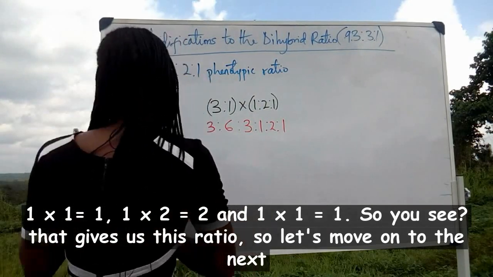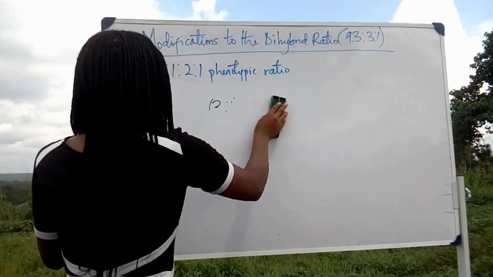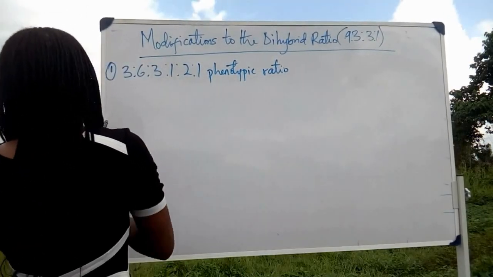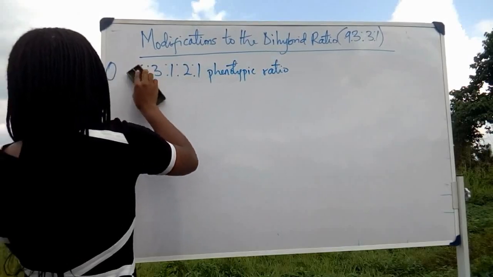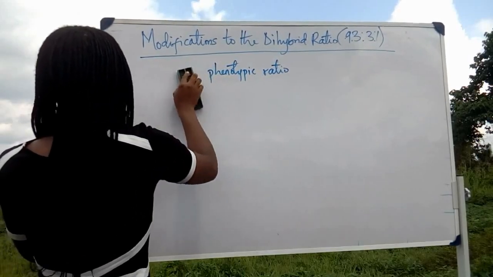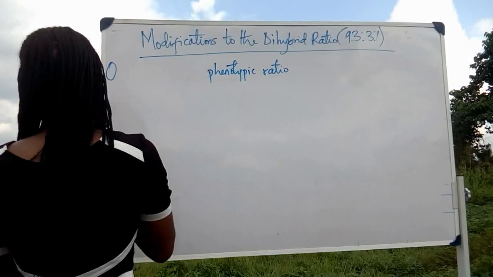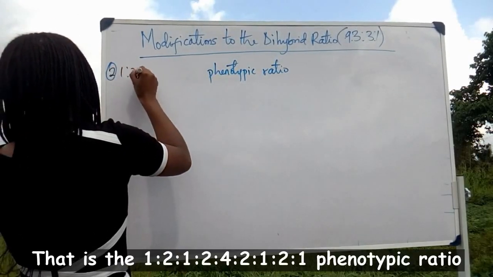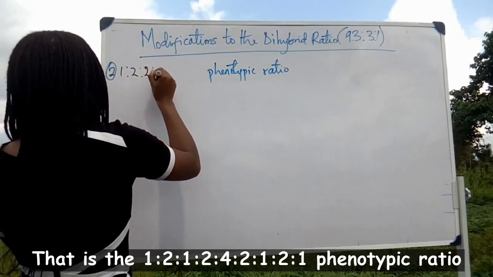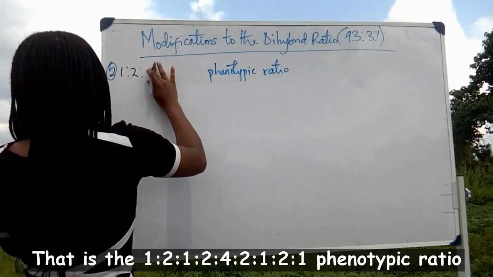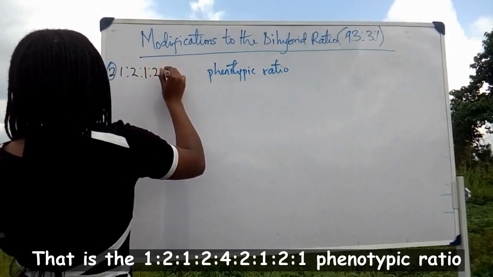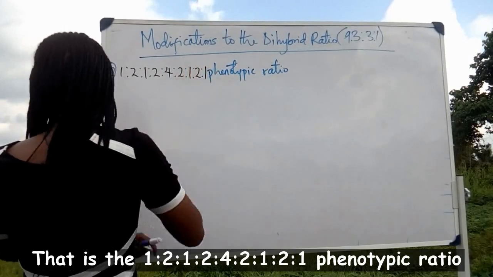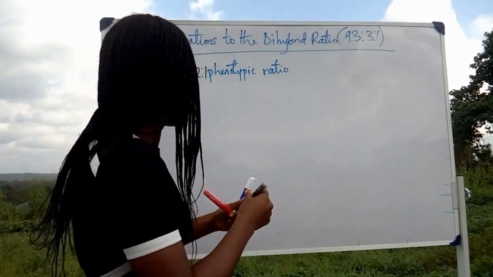So, let's move on to the next modified ratio. Okay, that is the 1 to 2 to 4 to 2 to 1 to 2 to 1 phenotypic ratio.